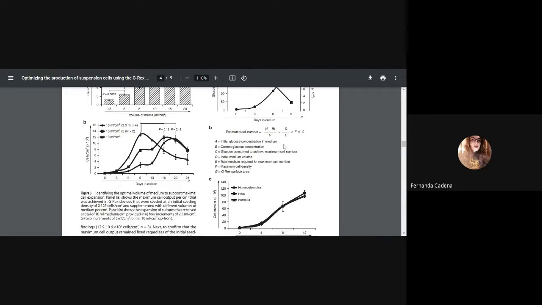So then they were able to show a formula that they developed to calculate the number of cells in the culture based on the glucose concentration in the medium.